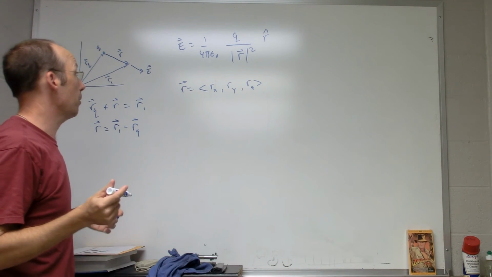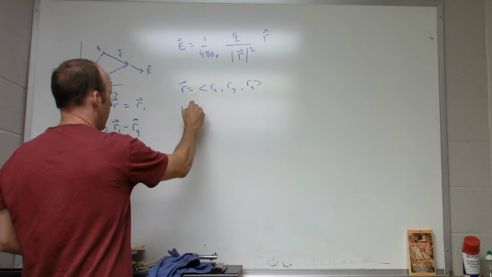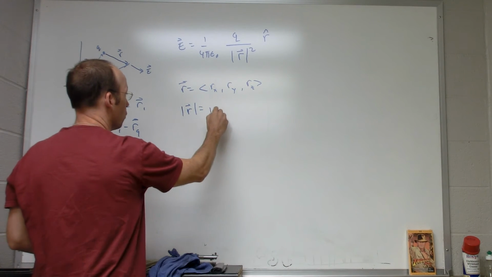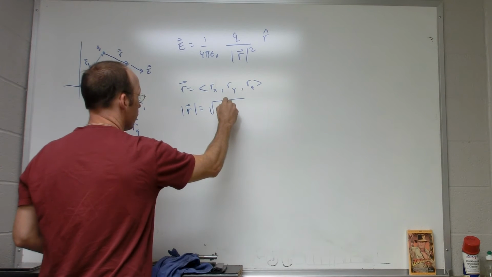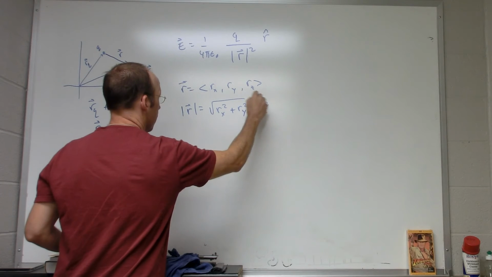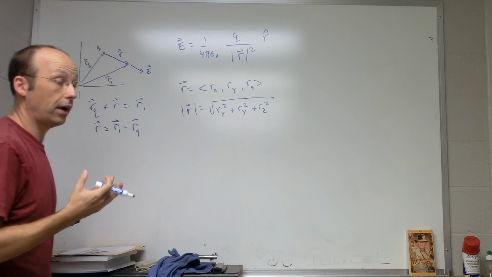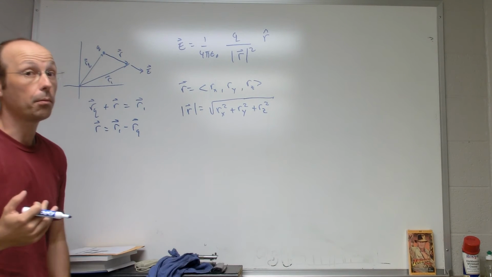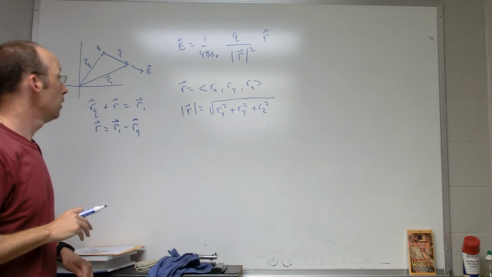First, how do I find the magnitude of R? The magnitude of R is just the square root of Rx squared plus Ry squared plus Rz squared. All these components are just scalar values, so you can square them, add them, take the square root, and you end up with the scalar answer.